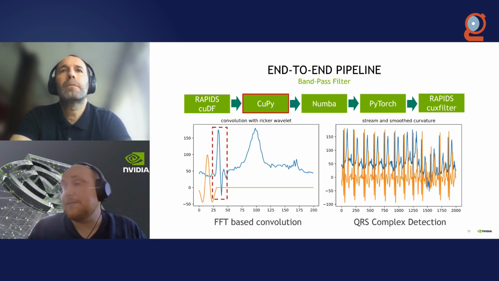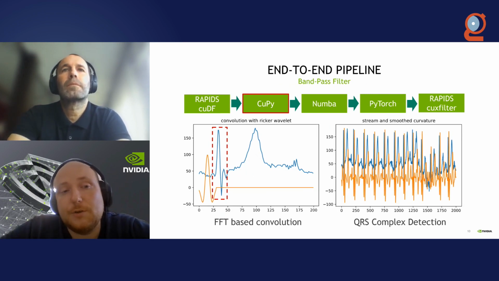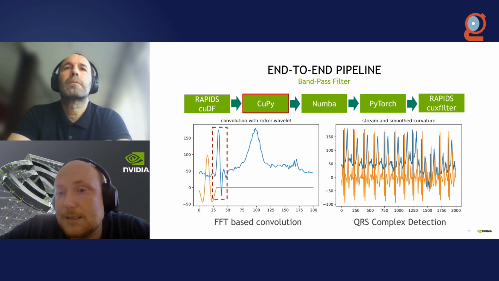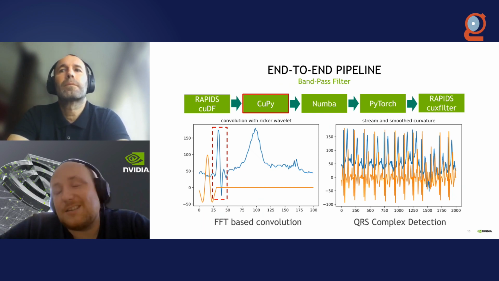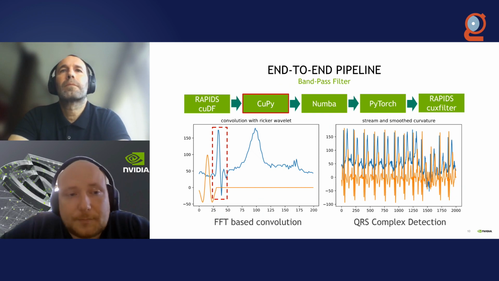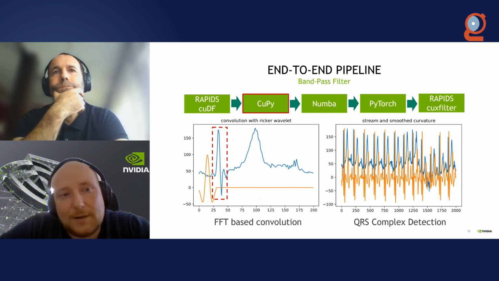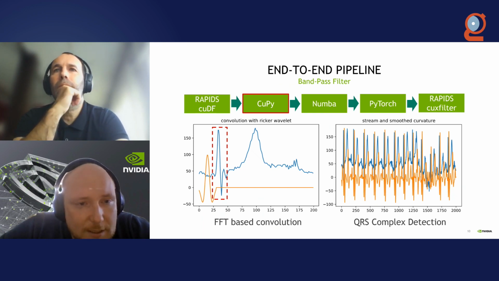Okay, we have the data in GPU memory, that's great. But now we face the fact that it's continuously measured data, and there is no segmentation. We do not know when a heartbeat starts and where it ends. So our job is to actually segment it. And here we use an unsupervised approach by basically convolving a heartbeat with a wavelet. On the left, you see a graph.